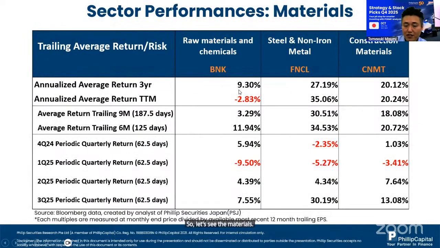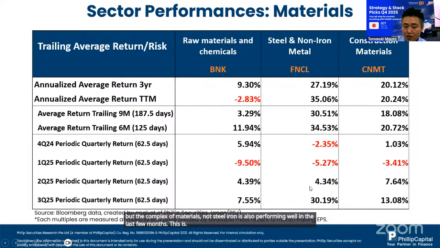This is an underperforming sector, raw materials and chemicals. This also includes some raw materials for semiconductors. This ticker is not right. This is RMCW and also non-steel chemical. I'm sorry for that, but construction materials and non-steel iron are also performing well in the last 12 months.